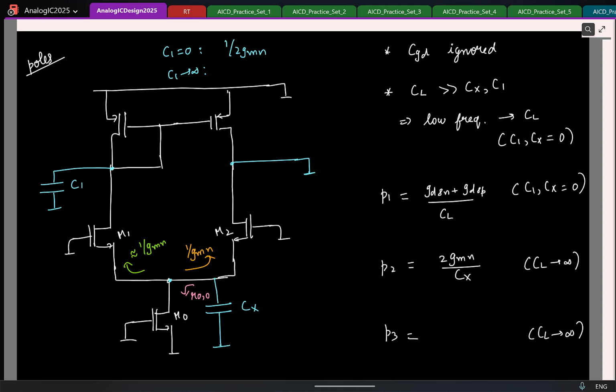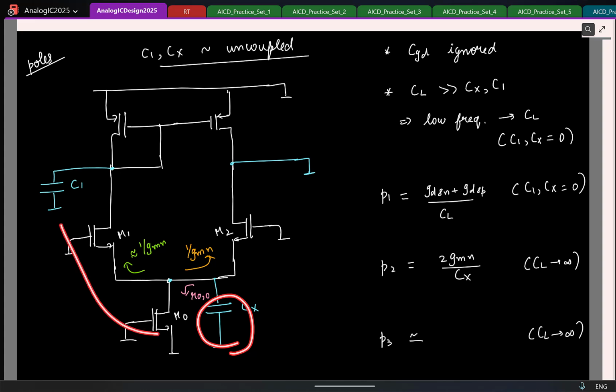So we remark it here. Cool. So now we just found that Cx is uncoupled from C1.